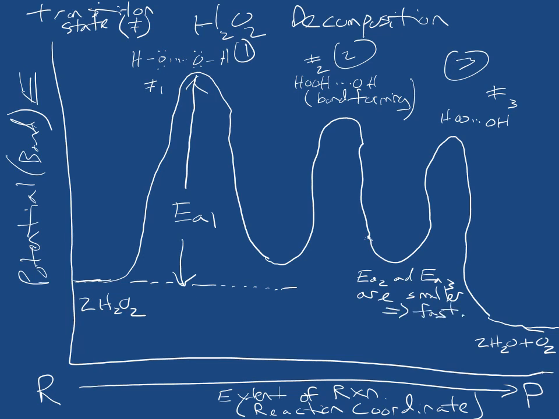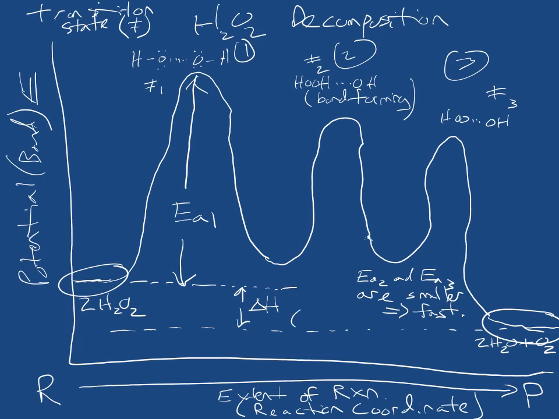The other thing I can label here is something we've discussed before: the decomposition of H2O2 is exothermic, so it's a negative enthalpy. That's because the potential energy of the products is less than the potential energy of the reactants. We may have done this with the graph last semester. If you take the potential energy where you end and the potential energy where you begin, that's the delta H. Just to tie it in with another concept.